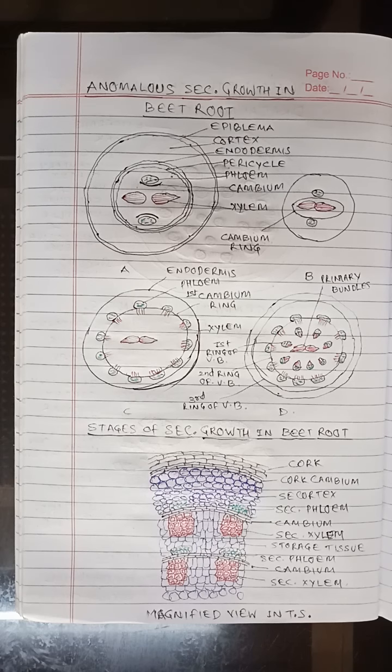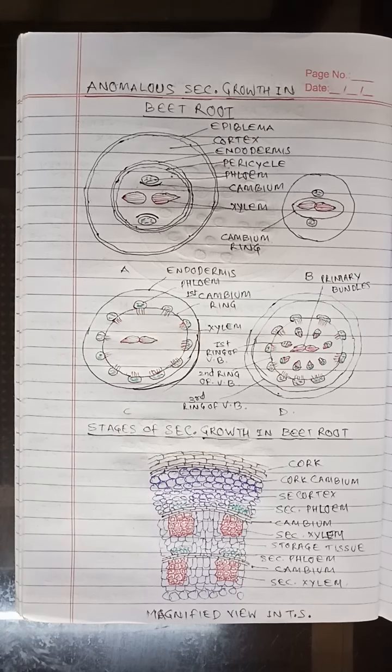The amount of storage parenchymatous tissue in the second ring is more as compared to the first ring, while in the third ring it is also more than the second. In this manner, the secondary growth takes place. Successive rings of cambia are formed from the pericycle, and at the last, at maturity, the pericycle cells develop into a cork cambium.